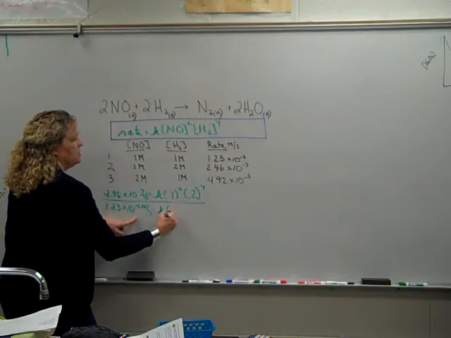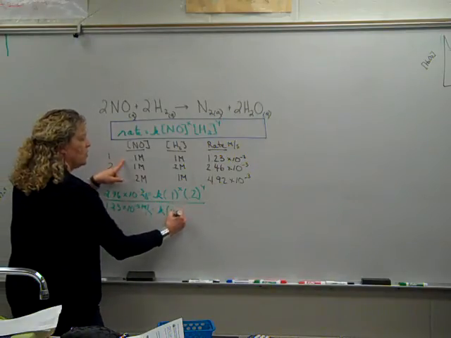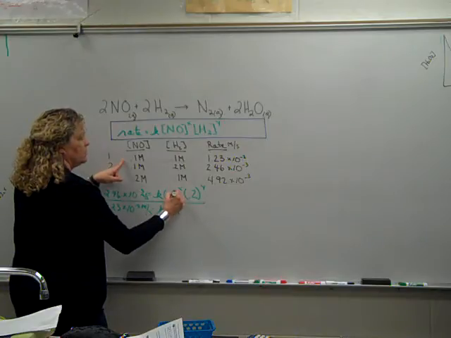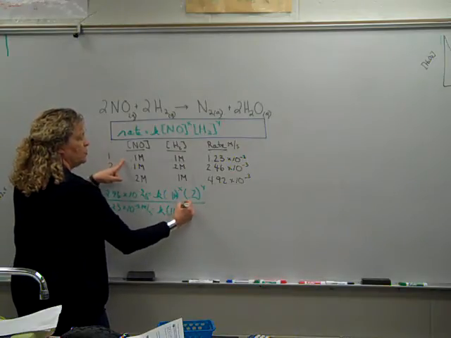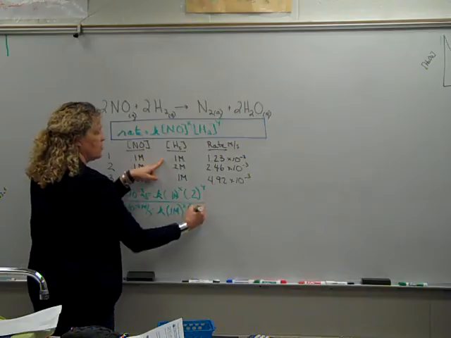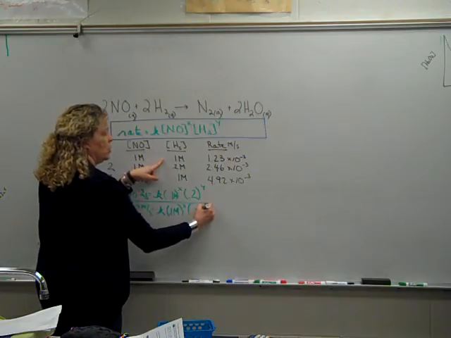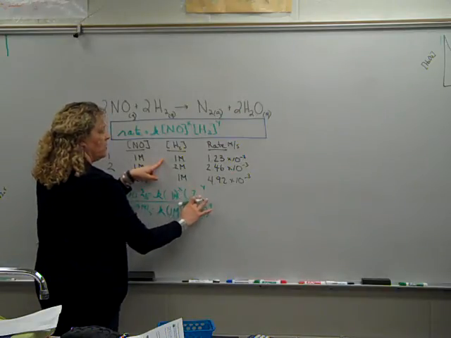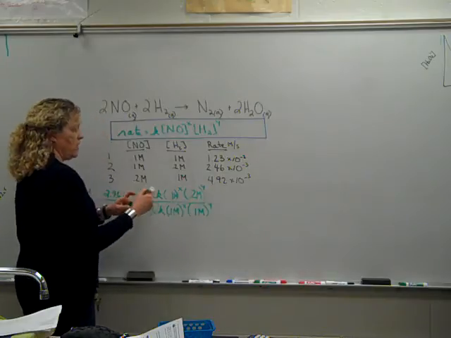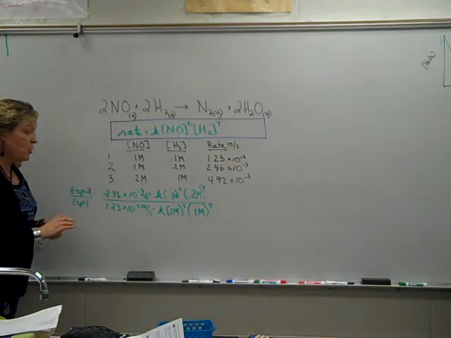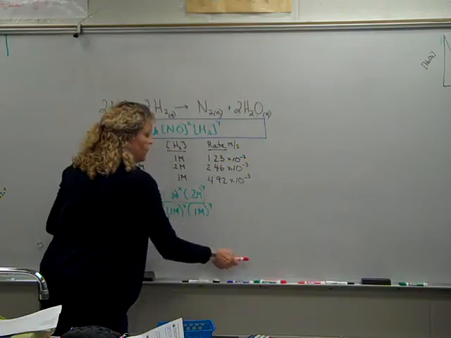equals k times 0.1 molar. This was a molar up here as well, to the X power. And this is going to be 0.1 molar to the Y power. Let me go ahead and put the molarity in here. Okay, this is the hardest part. Now you basically simplify.